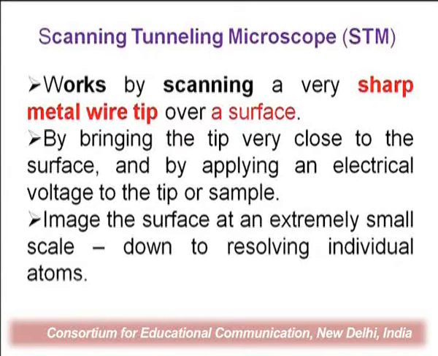The tip and surface distance can be adjusted by applying the electric voltage, and by using this tip we can scan the individual atom. We can image the surface at an extremely small scale, like an atom which has a very small size, and that can be scanned using this tip.